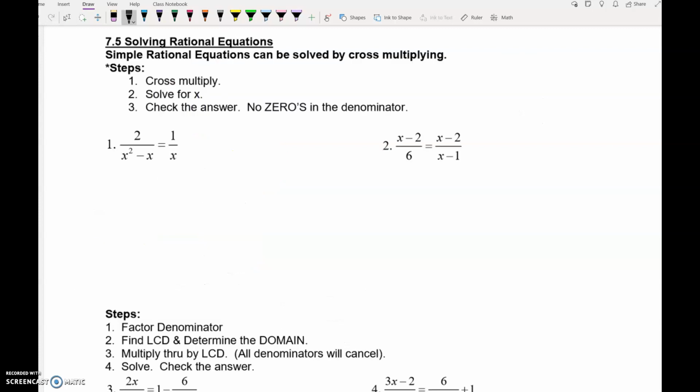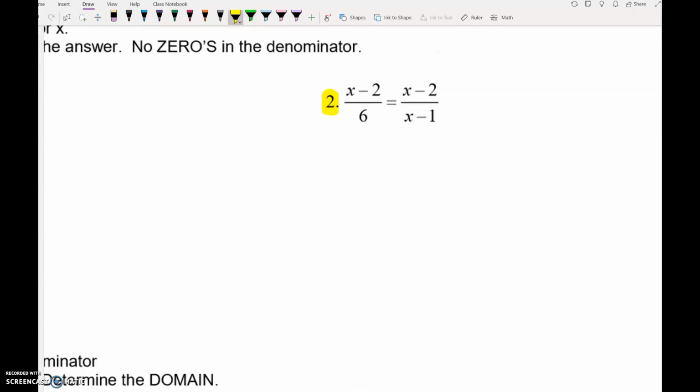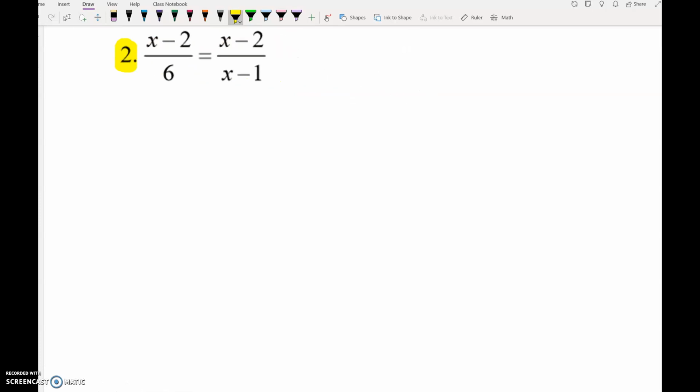Also on worksheet 7 is the beginning of solving equations. So up until now, we haven't had an equal sign in the original problem. But if you look at worksheet 7, number 6 and number 7, it says solve the equation, and there's a fraction on the left and a fraction on the right. We're going to do number 2 together. It's the most similar to the problem in your assignment.